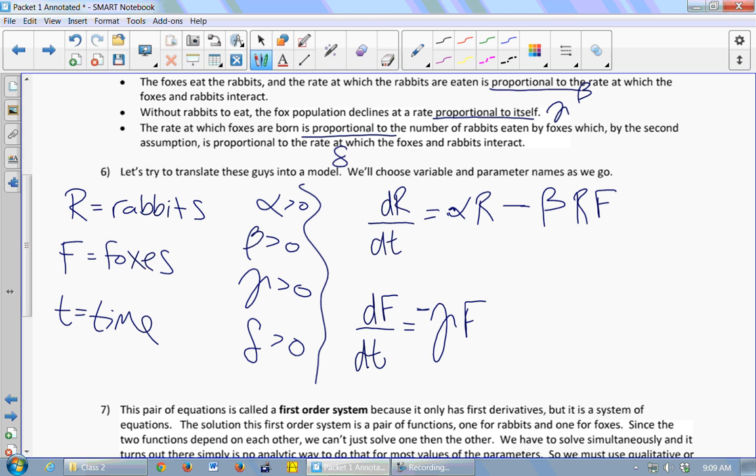Because it declines at a rate proportional to itself, in order to have dF/dt negative, we've got to throw a negative there. It wouldn't matter for the interaction term, because if R or F were 0, it doesn't matter what the constant of proportionality is, you'll still get 0.